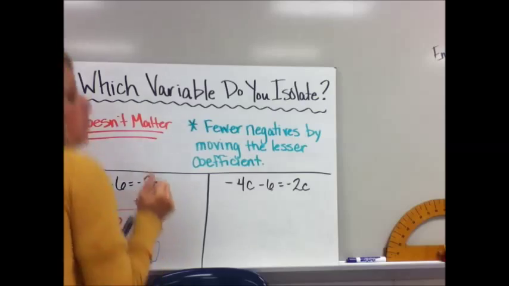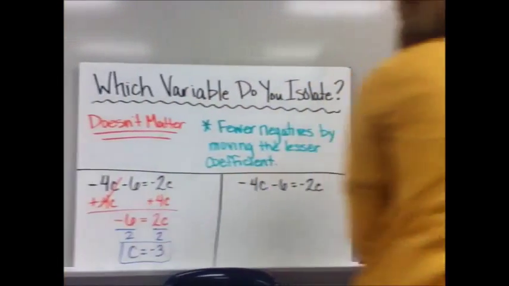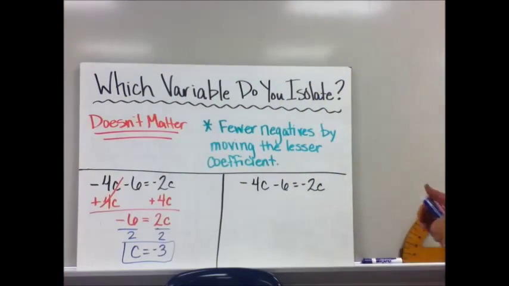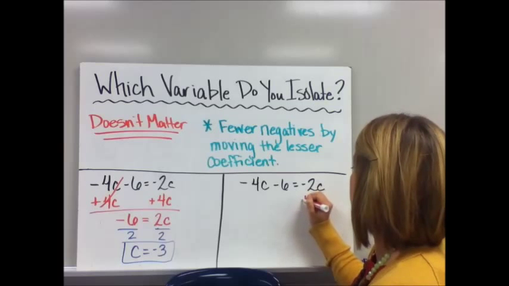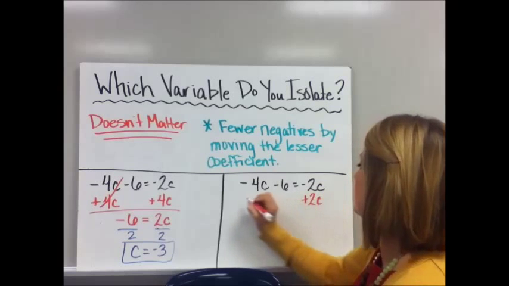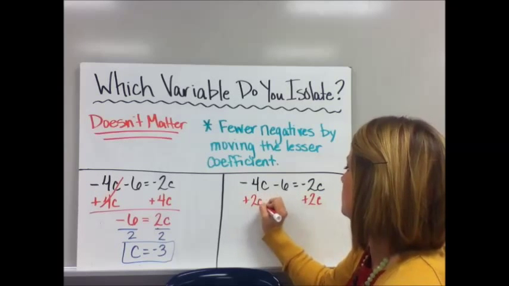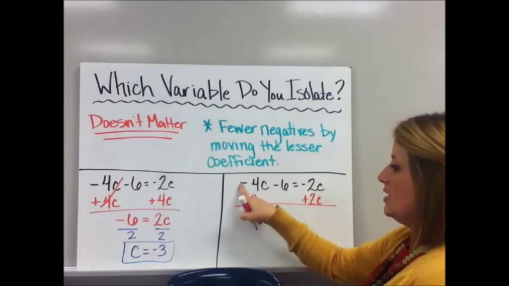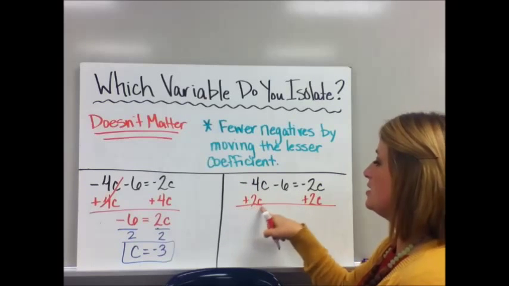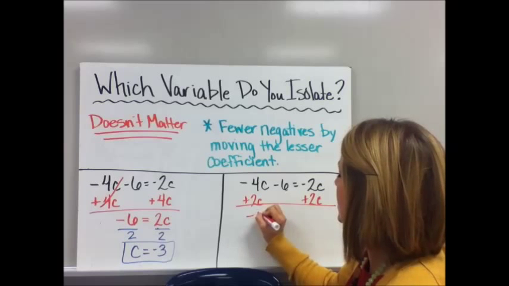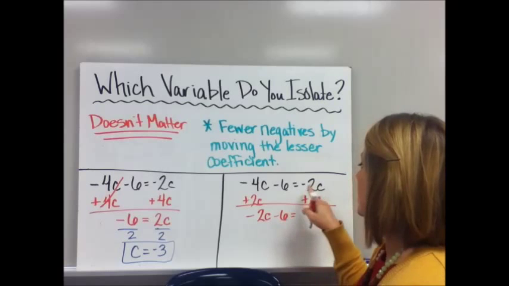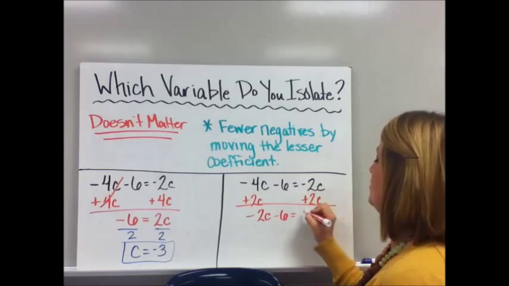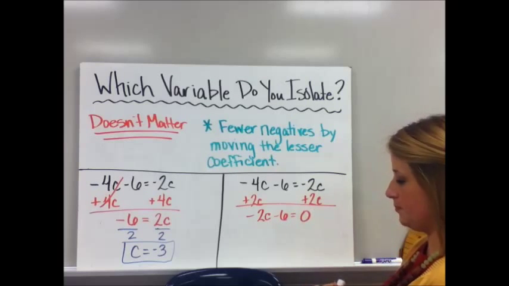I'm going to work the same equation, but by moving 2c first. So if I were to move a negative 2c, I would add 2c. I'm doing the inverse of it. Negative 4c plus 2c is negative 2c minus 6 equals negative 2c plus 2c is 0.